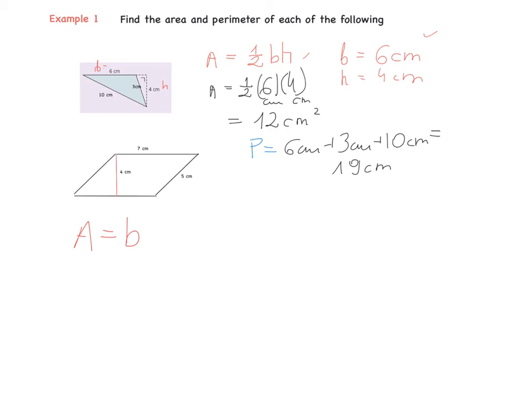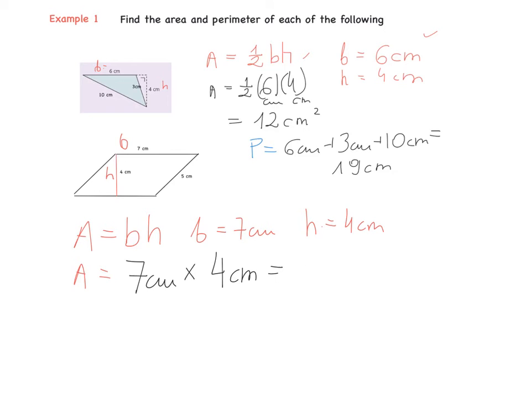Area is base multiplied by H. This is the base, and this is H, okay? And we know B is 7 centimeters, H is 4 centimeters, and then we need to just multiply it, okay? So area is 7 centimeters multiplied by 4 centimeters, and that's 28 centimeters squared.